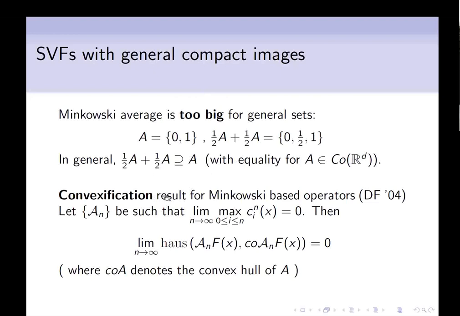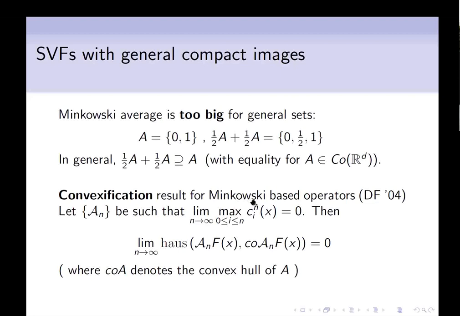This convexification phenomenon was formulated by Dean and Farkhi in a more general case for any approximation operators of the form we saw before with this additional property. It states that the Hausdorff distance between the approximant and its convex hull tends to 0 as n tends to infinity. So this is a convexification when we use the Minkowski linear combination.